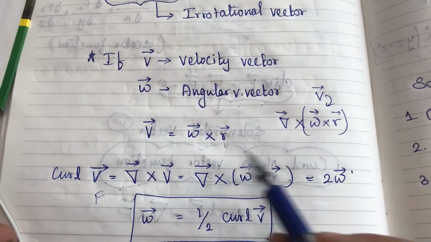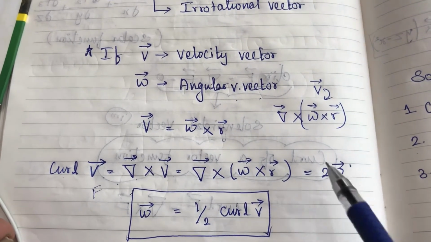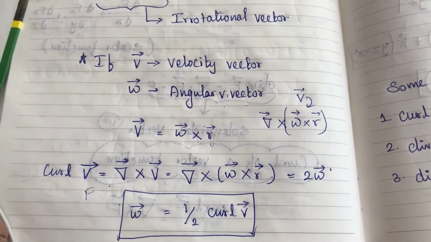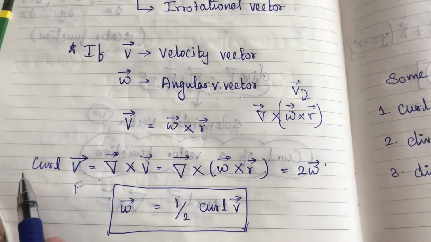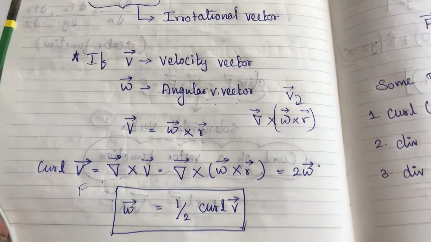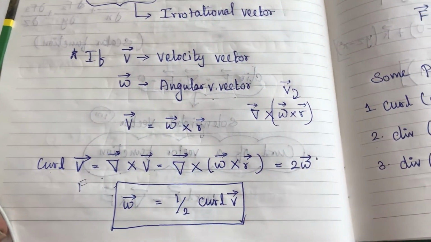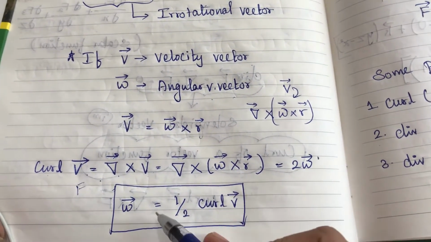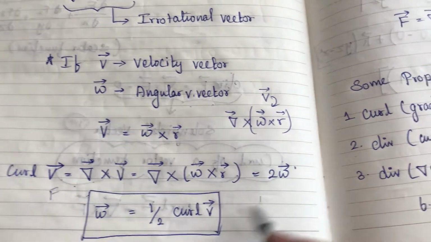If I do so, I will get 2 times omega vector. So omega vector is nothing but half of curl of v vector.